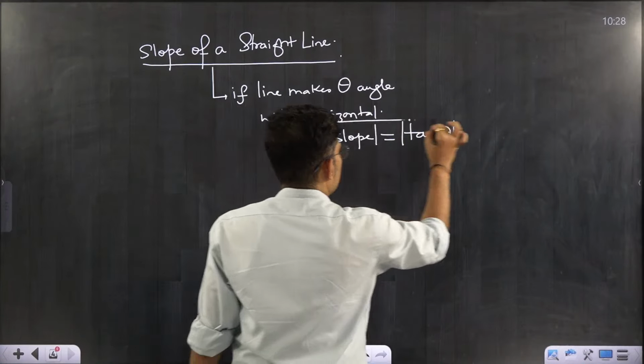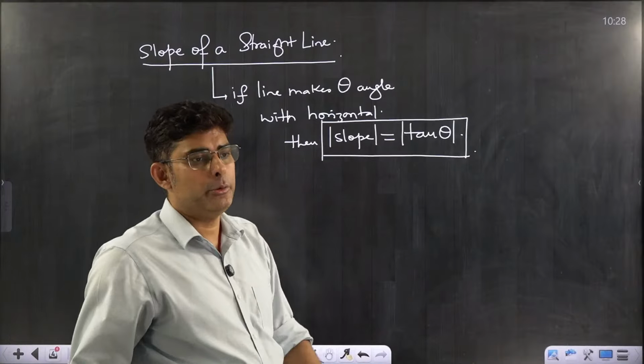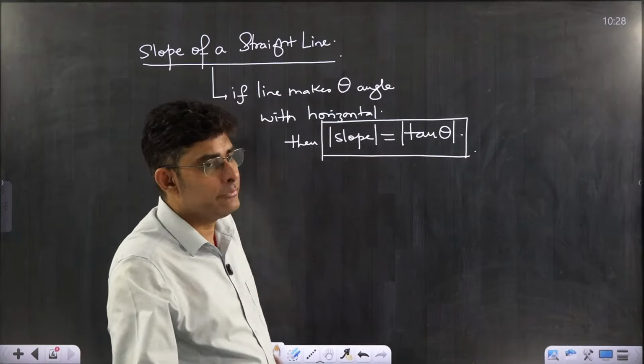So if a line makes theta angle with horizontal, the magnitude of slope is nothing but tan of theta.